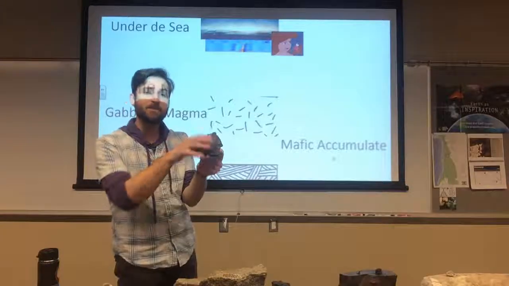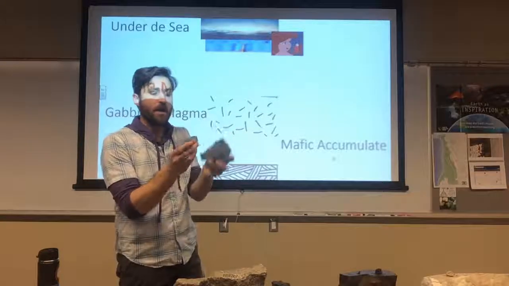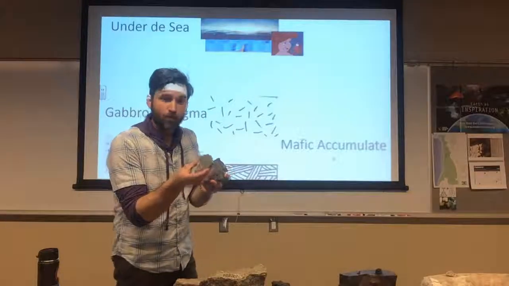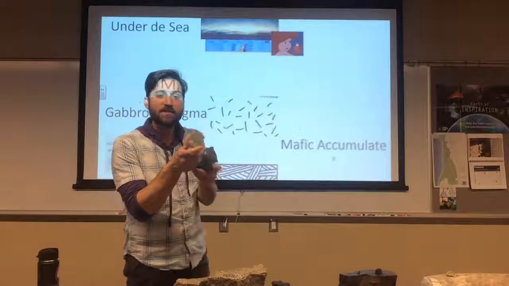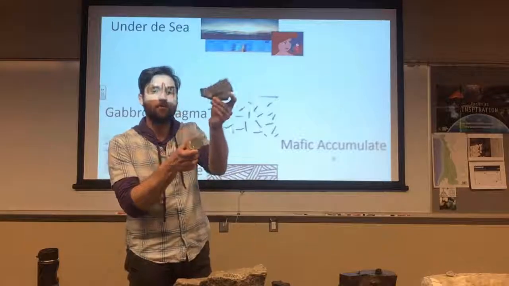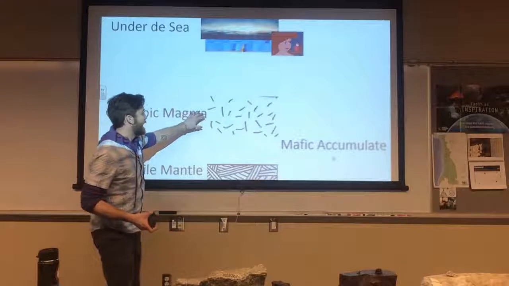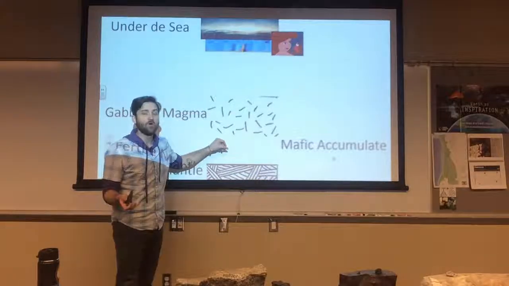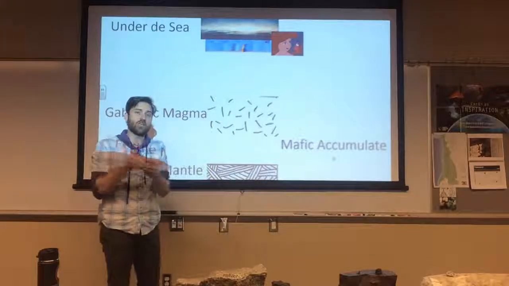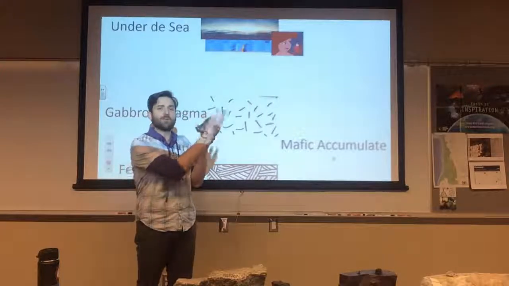So we have a magma chamber as the molten material is squeezed out of the fertile peridotite. We end up with gabbro, gabbroic magma chambers. And some of that gabbro, as it sits here in this magma chamber, some of those minerals that are forming, they're very heavy.